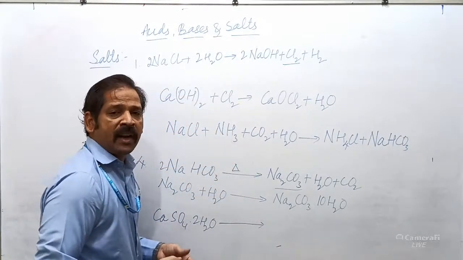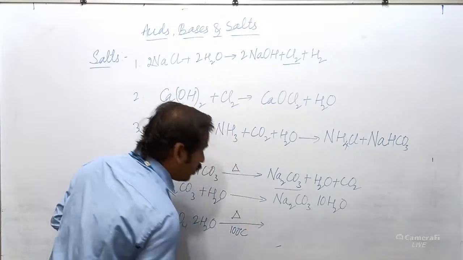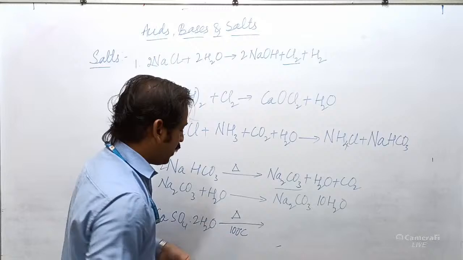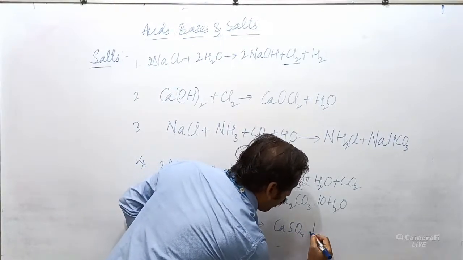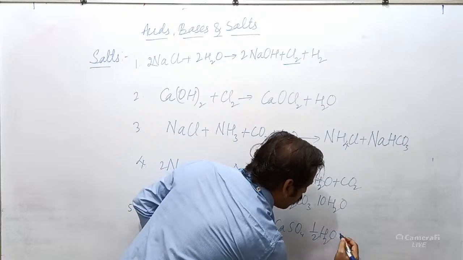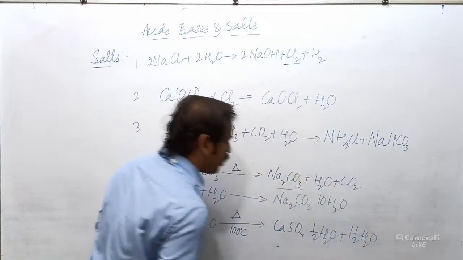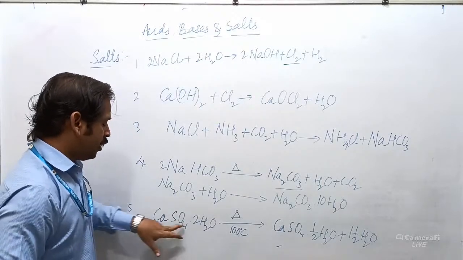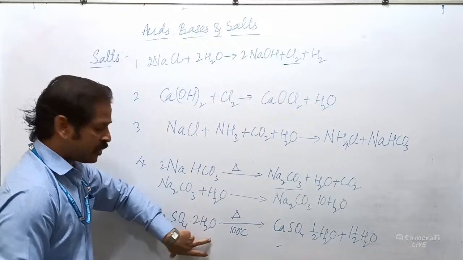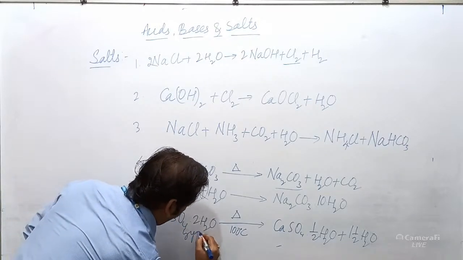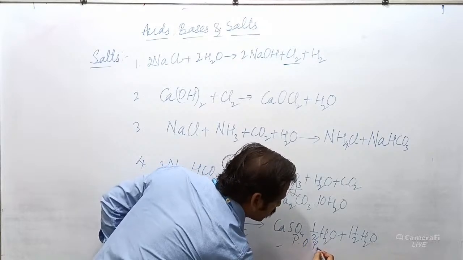If you heat gypsum at 100 degrees Celsius or 373 Kelvin, you are going to get calcium sulfate hemihydrate plus 1.5 molecules of water. Calcium sulfate with 2H2O is the dihydrate, gypsum, and the hemihydrate is plaster of Paris.